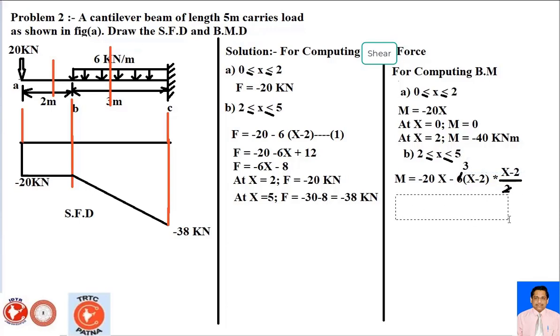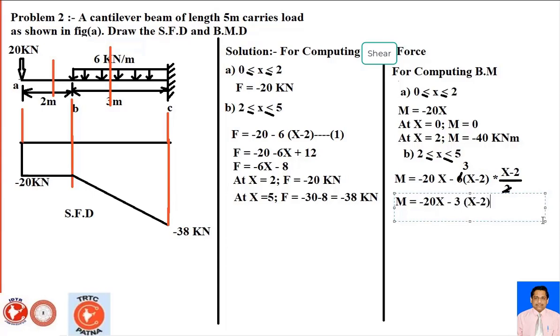Then the moment is equal to minus 20x, then minus 3 times x minus 2 squared. Compute the moment. So at x is equal to 2, what is your moment? So moment is equal to minus 40 kilonewton meter.